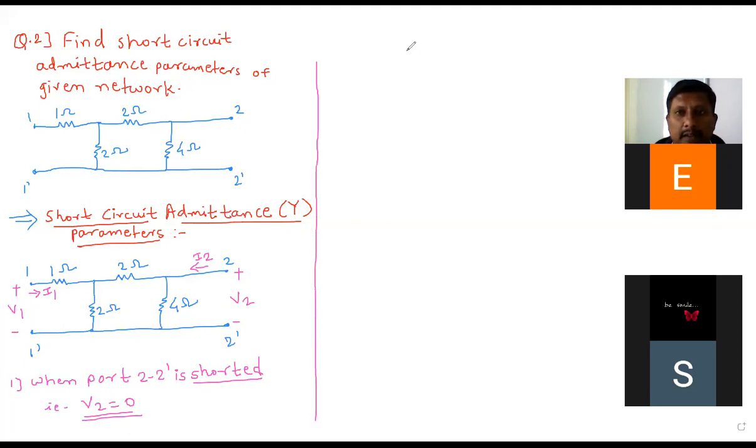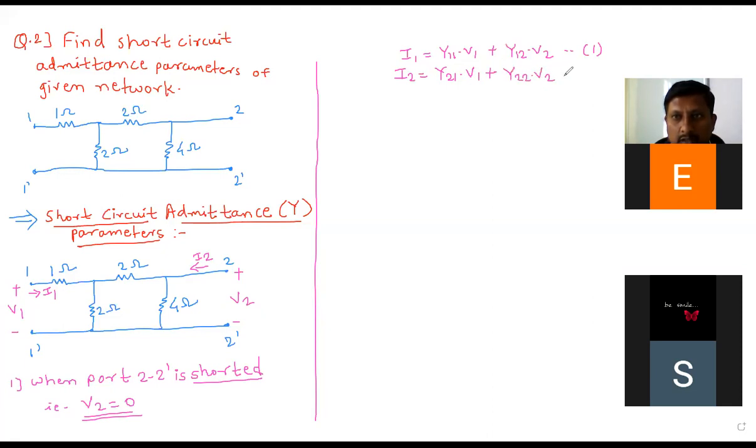The equations will be: I1 is equal to Y11 into V1 plus Y12 into V2. This is equation number 1. Next, I2 is equal to Y21 into V1 plus Y22 into V2.